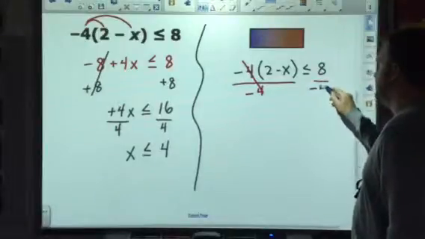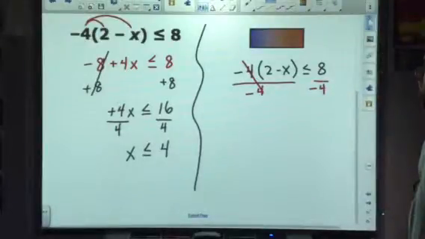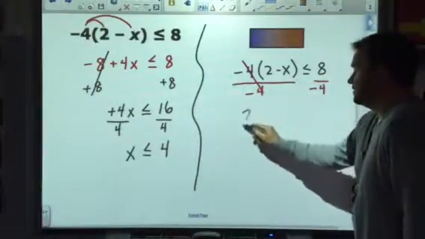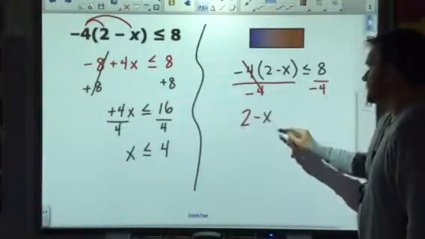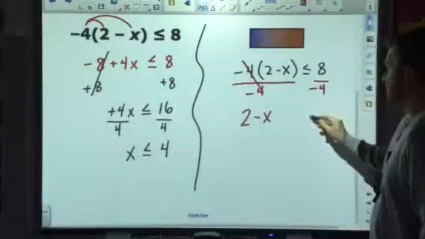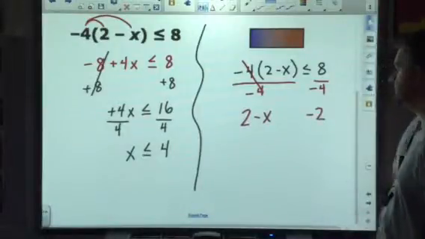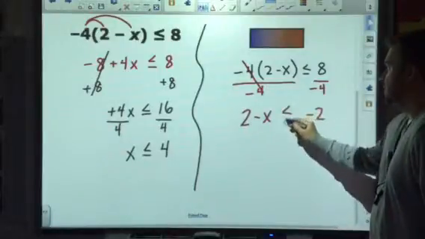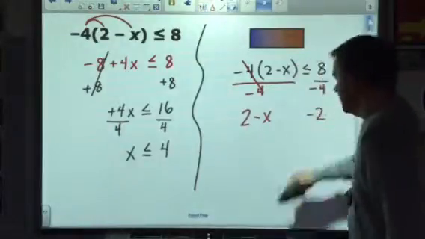I divide this by -4. So it's going to end up changing the way it looks here. So we have 2 minus x, and on this side we have a -2. Something that's going to happen here is that we're going to have to flip the inequality.